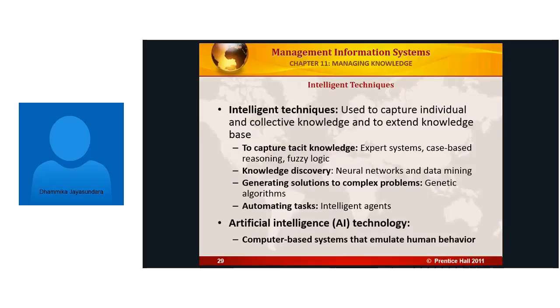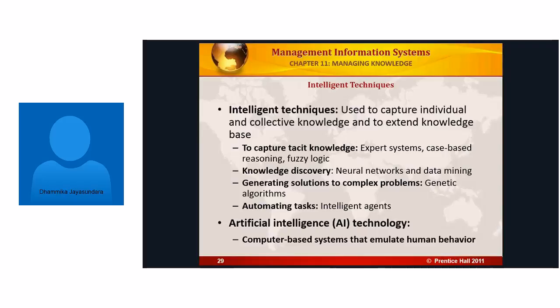Intelligent techniques are used to capture individual and collective knowledge and to extend the knowledge base. To capture tacit knowledge: expert systems, case-based reasoning, fuzzy logic; knowledge discovery: neural networks and data mining algorithms; gathering solutions to complex problems: genetic algorithms; automating tasks: intelligent agents.